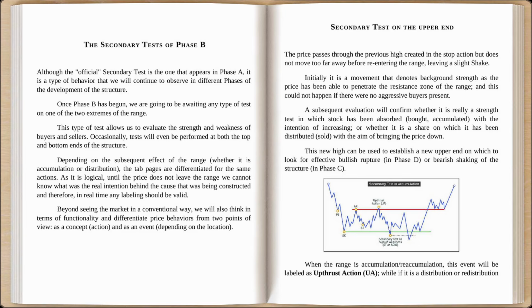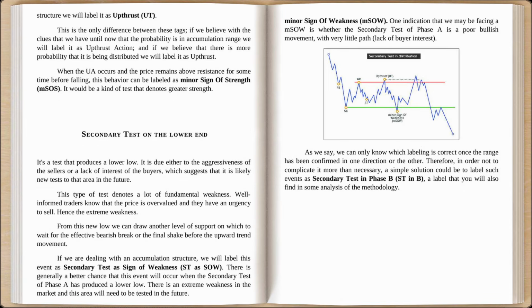This new high can be used to establish a new upper end on which to look for effective bullish rupture in phase D or bearish shaking of the structure in phase C. When the range is accumulation and reaccumulation, this event will be labeled as upthrust action, UA, while if it is a distribution or redistribution structure, we will label it as upthrust, UT. This is the only difference between these tags.